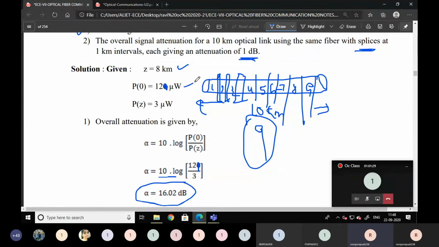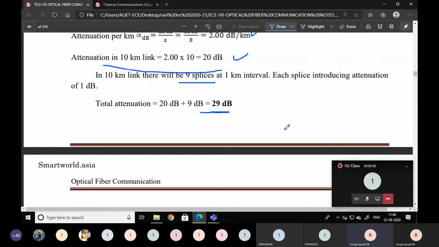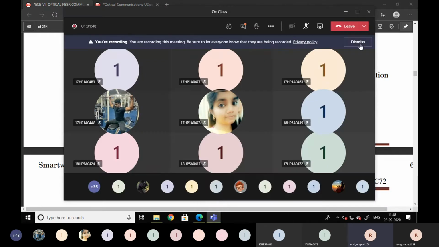Then everything you'll get the same: 16.02, 2 dB, 20 dB, 29 dB. Like this, we have to do different problems. So try to solve more problems in the textbook. All of you solve more problems.